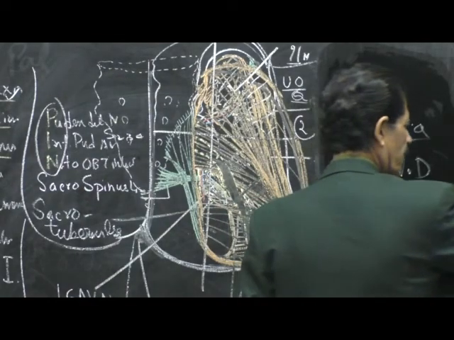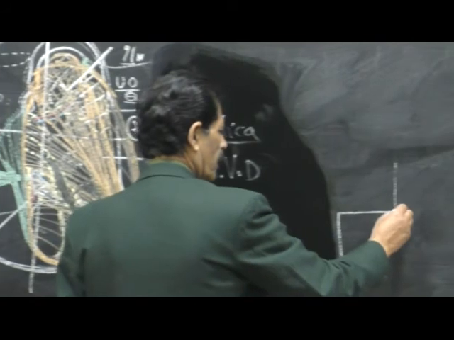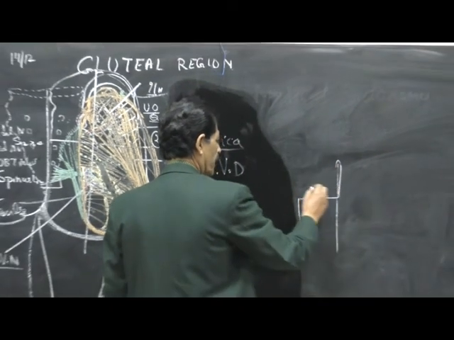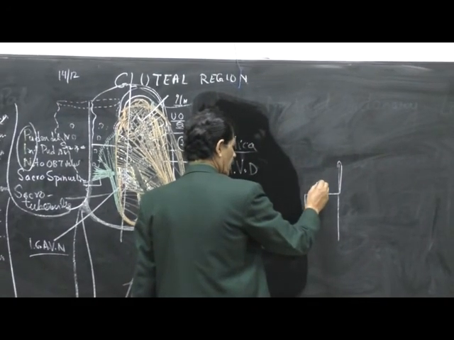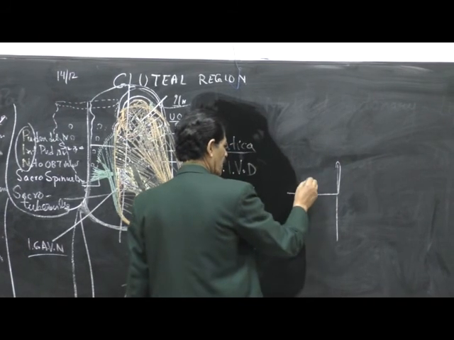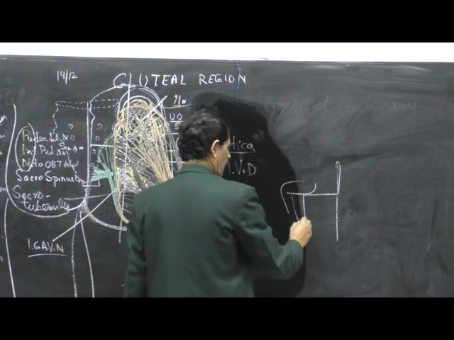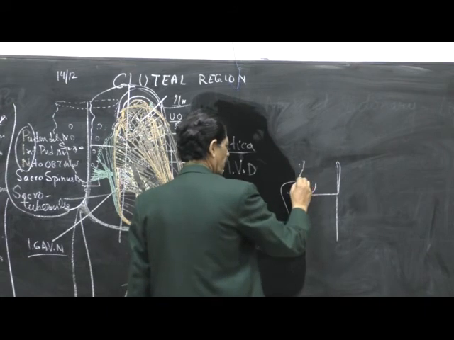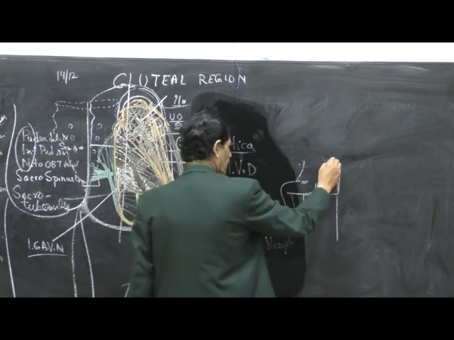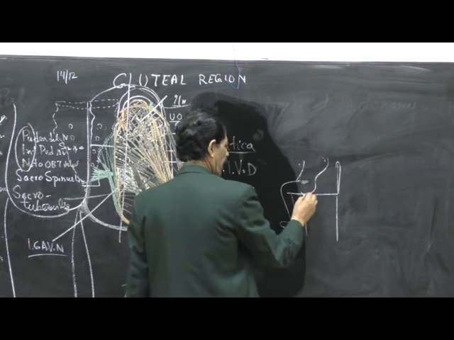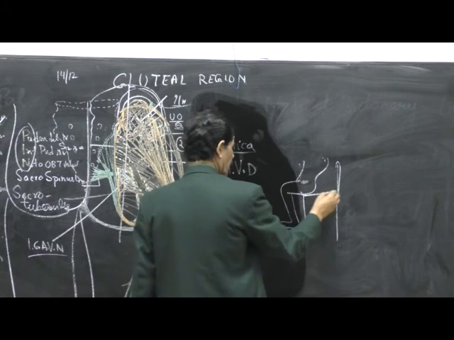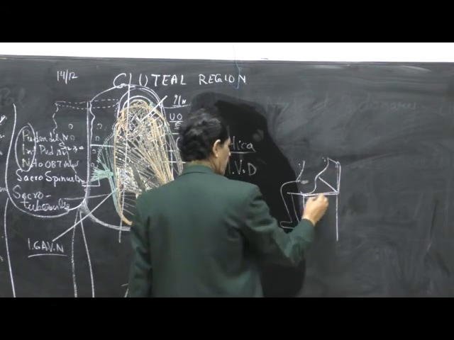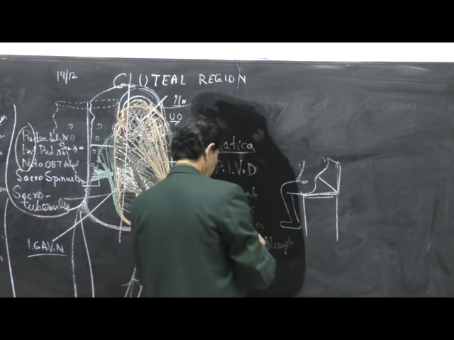If a person is sitting for a prolonged period just at the edge of a wooden chair, at the level of the lower part of the gluteus maximus, if the wooden chair is pressing, it presses the sciatic nerve right here.